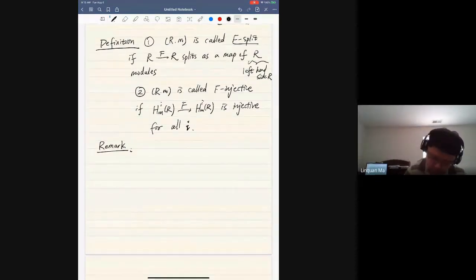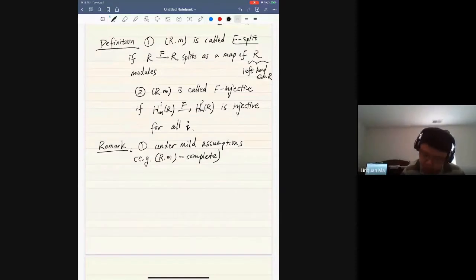So first, under mild assumptions, in particular, for example, when R is complete, the ring is F-split if and only if the ring is F-pure in whatever sense you define.